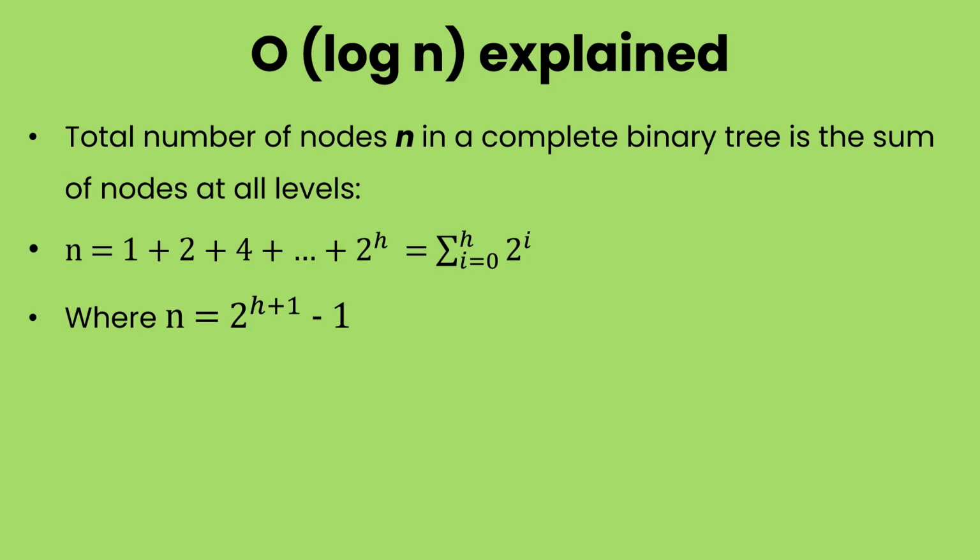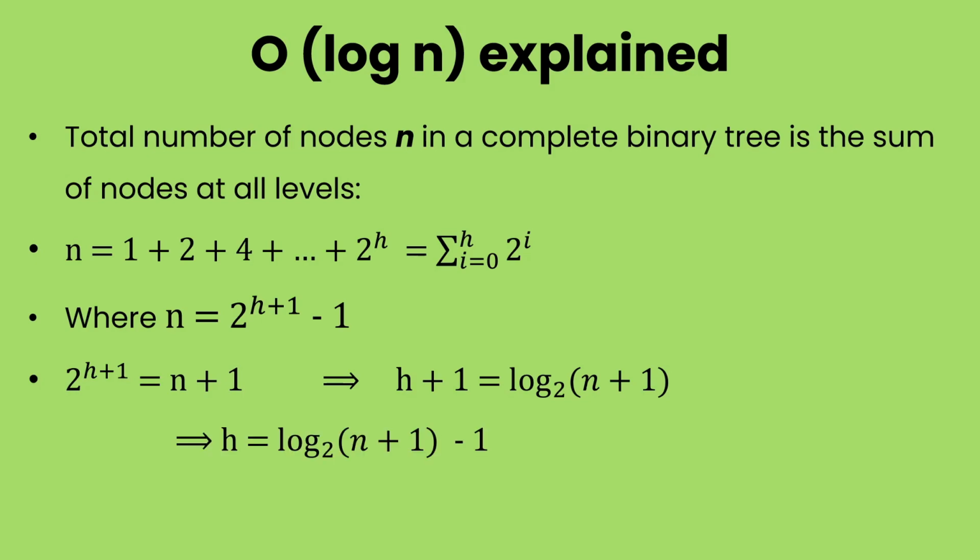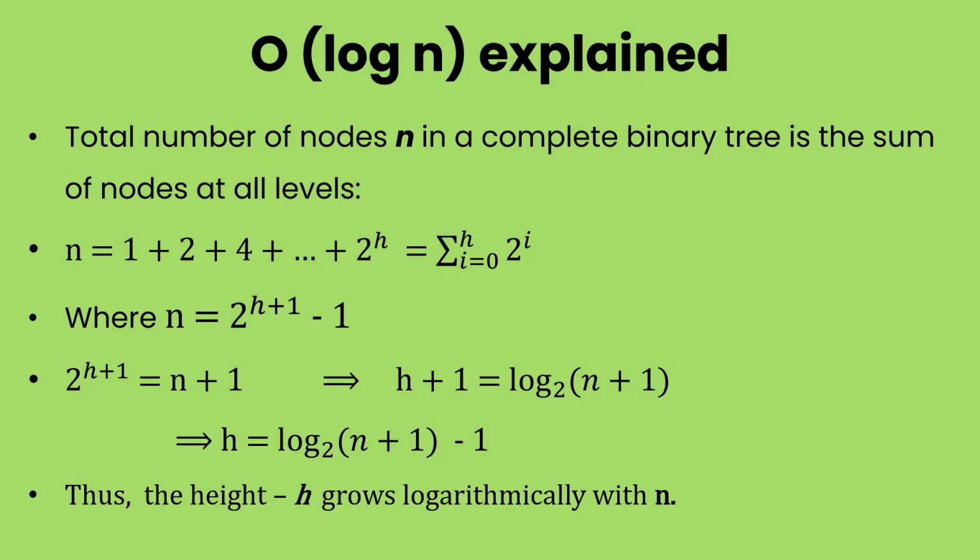This progression can be solved, and first we derive n and then we derive h. h is the height of the binary tree, and based on our previous analysis of big O notation, we know that we should ignore the constant values in this equation. We can conclude that h, the height of the tree, grows logarithmically with n.